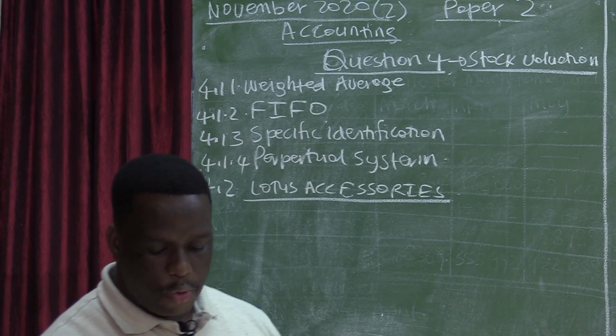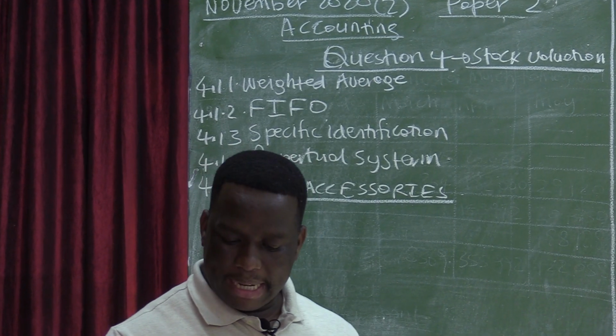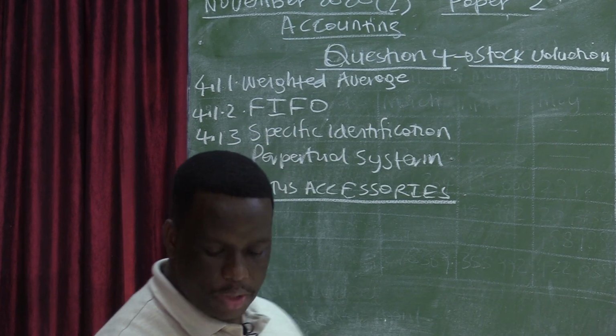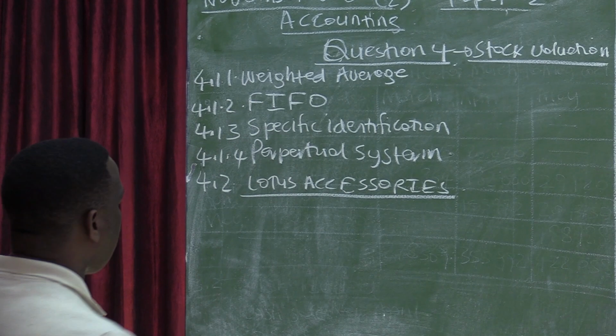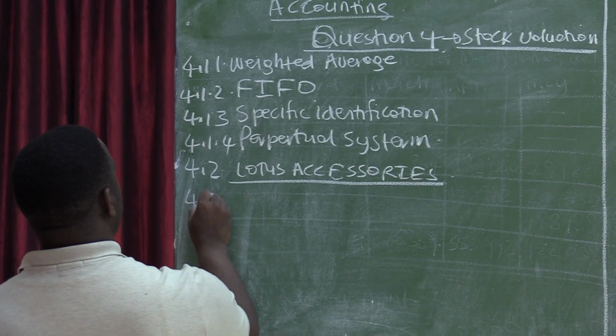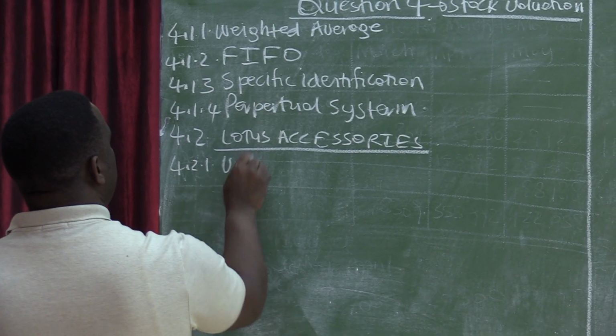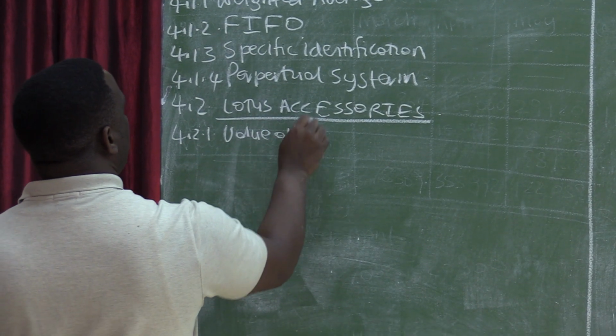4.2.1, calculate the following for the gas lamps on 30 April 2021: value of the closing stock using FIFO.